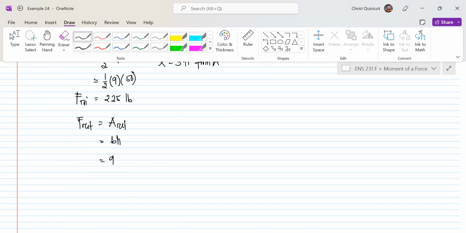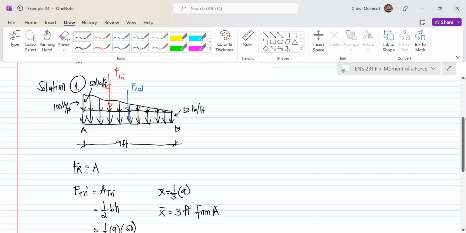My base is 9 and my height this time is 50, so F sub rect is equal to 450 pounds. For its location, the centroid is at the center, where you can separate the rectangle into two equal sizes.